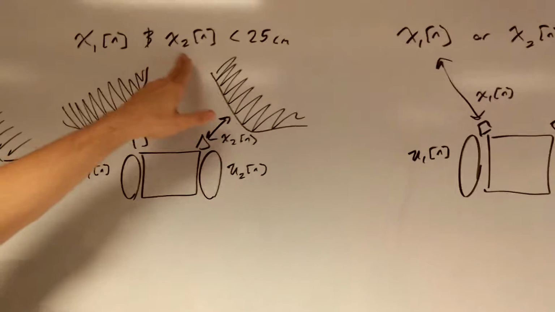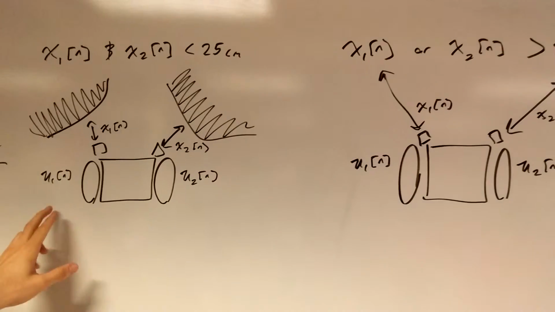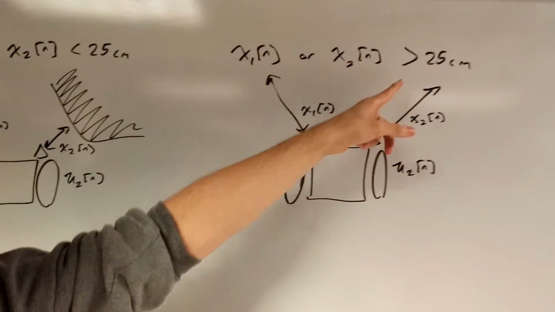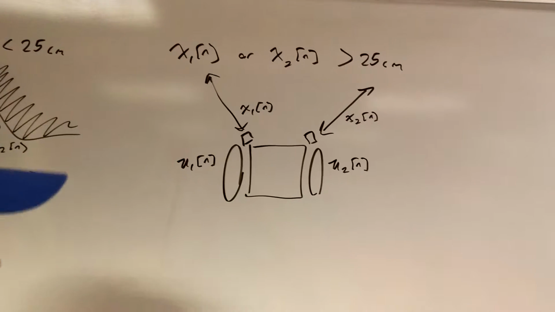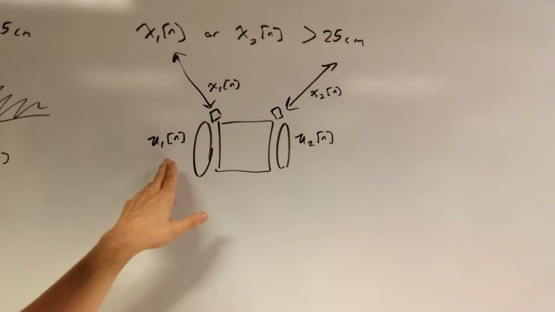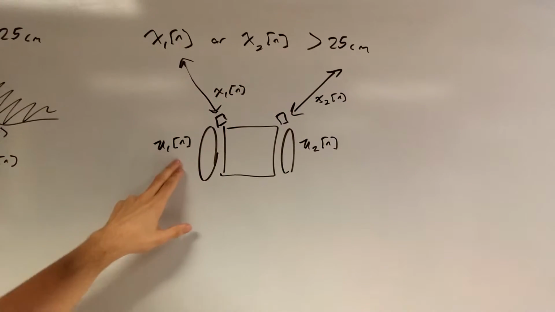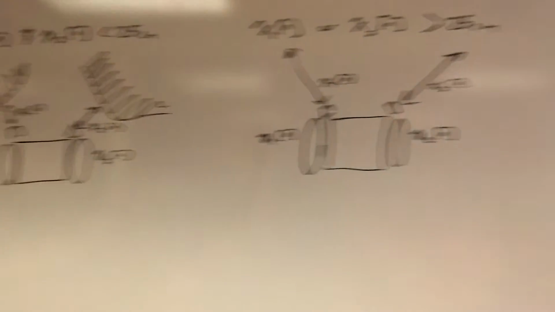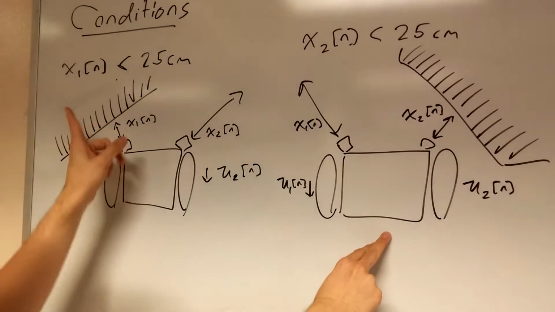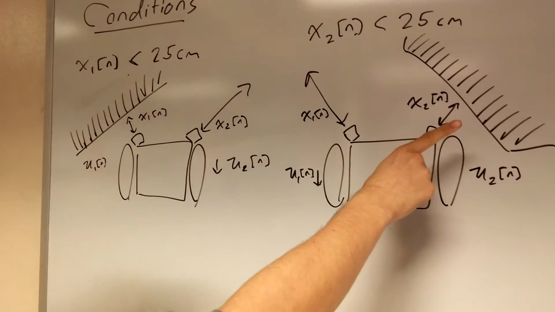If both distances are below the threshold, both motors stop. And if they're both above the threshold, then they just go constant. So there are only two cases when control is actually implemented, and that's when the left distance is small or the right distance is small.